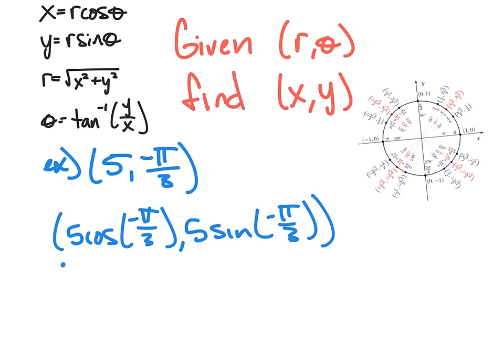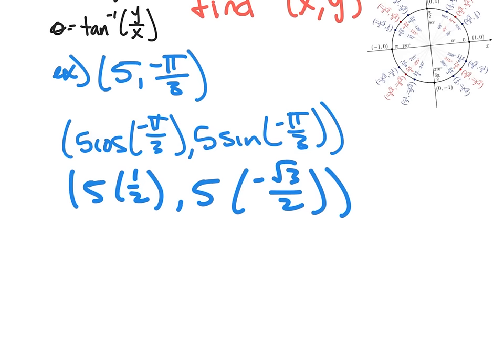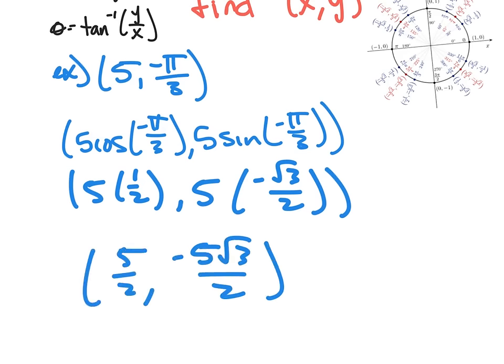So we have 5 times 1/2 and 5 times the negative root 3 over 2, giving me 5 over 2 and negative 5 root 3 over 2. So the point 5, negative pi over 3 in terms of r and theta is the same point as 5 over 2, negative 5 root 3 over 2.